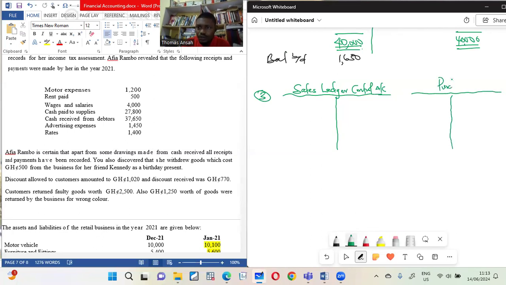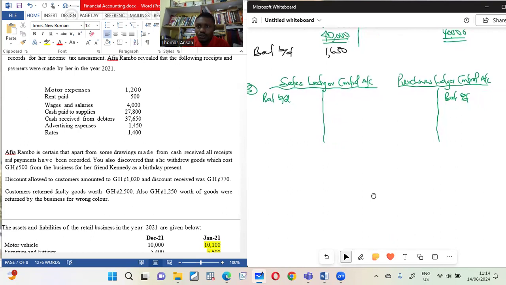So purchases ledger control account. Please, you can write creditors account. Okay, it's the same thing. All right. Now we all know that this one has a debit balance. And we know that this one has a credit balance. That's why it is called purchases or creditors. So this is what we have.